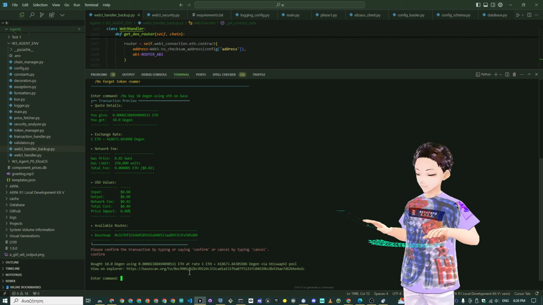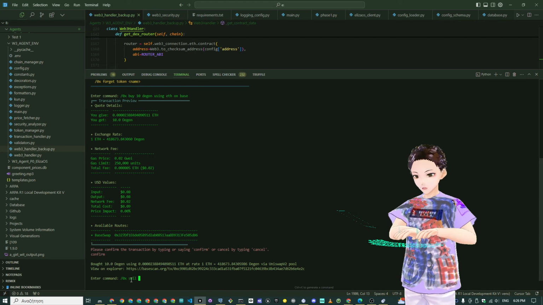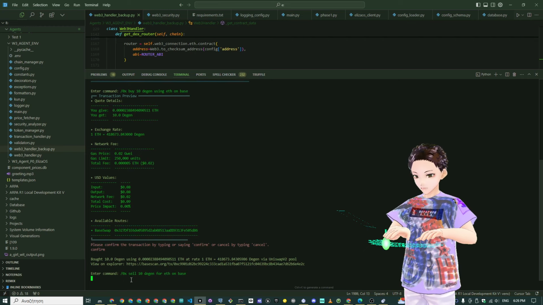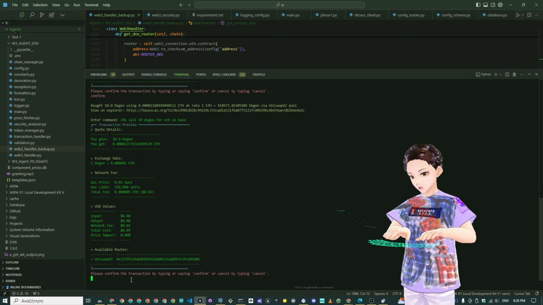For example, let's say another one. This is the buy command. We can have a sell command which works the same. Let's say sell 10 degen for ETH on Base. It's gonna show us the transaction details.